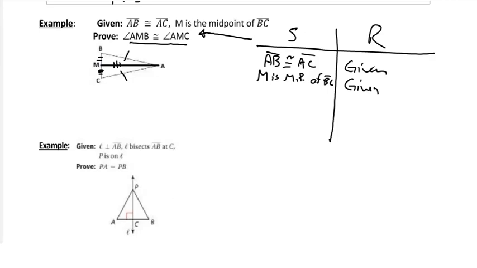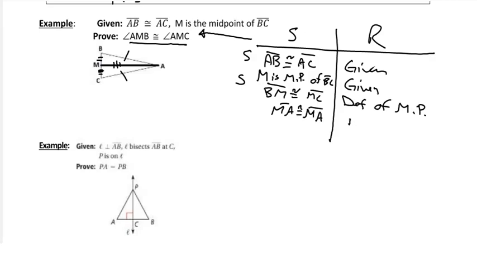So if M is the midpoint of BC, then we know BM is congruent to MC by definition of midpoint. I now have an S and another S. My last S is going to be that MA is congruent to MA by the reflexive property.